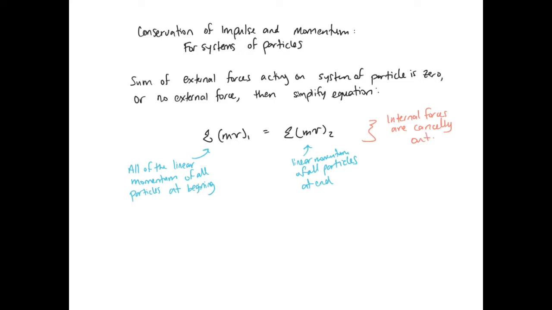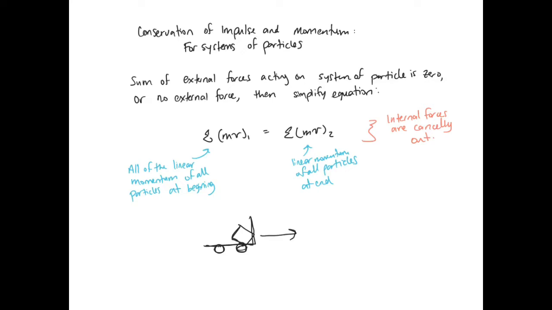So let's say you have, and we'll do this example in the next question, but let's say you have a cart here that's on wheels and it's stationary, and you have a bag that gets shot at it, and the bag kind of lands in the cart here and makes the cart move.